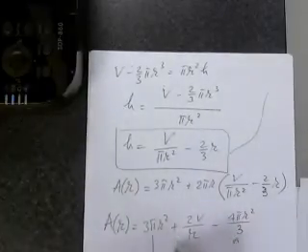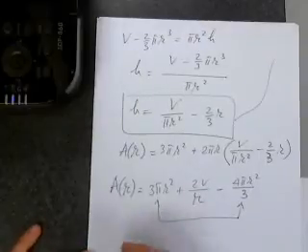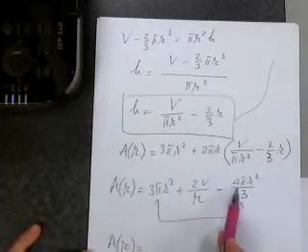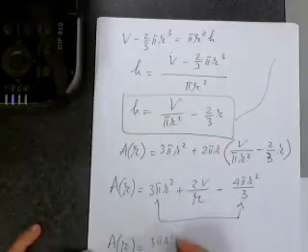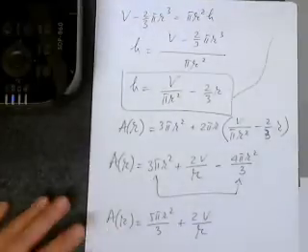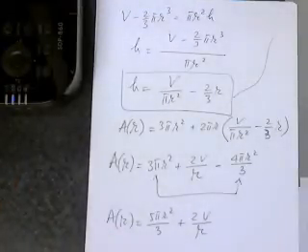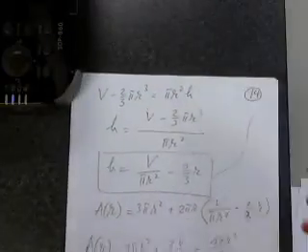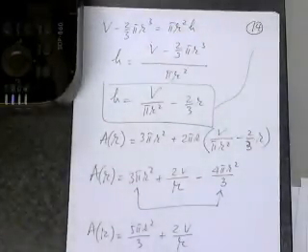I will combine these two. So A of R equals 5 pi R squared over 3 plus 2V over R. Okay. After all this work, I was able to find a function, which is the area.